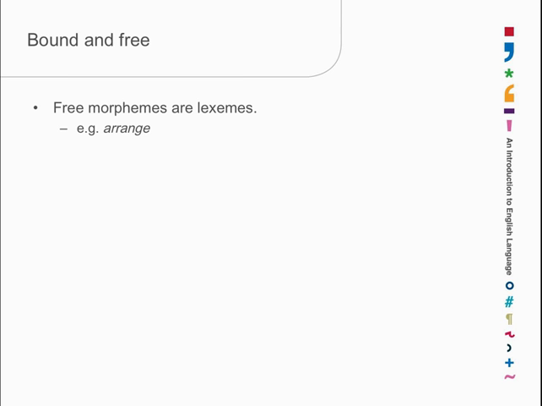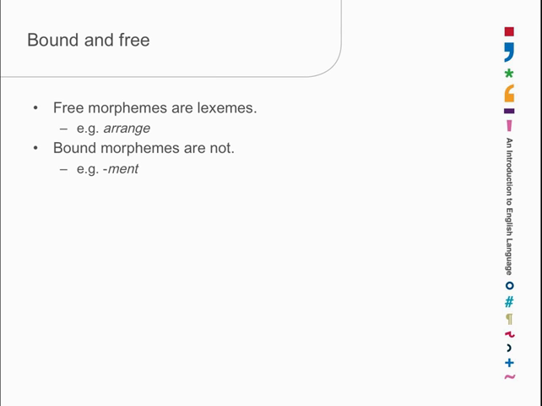Bound morphemes are not lexemes in their own right. They need to attach to something in order to be part of a lexeme. So -ment can't exist as a word on its own, and we show that by putting a little hyphen at the end, at the left-hand end in this case.